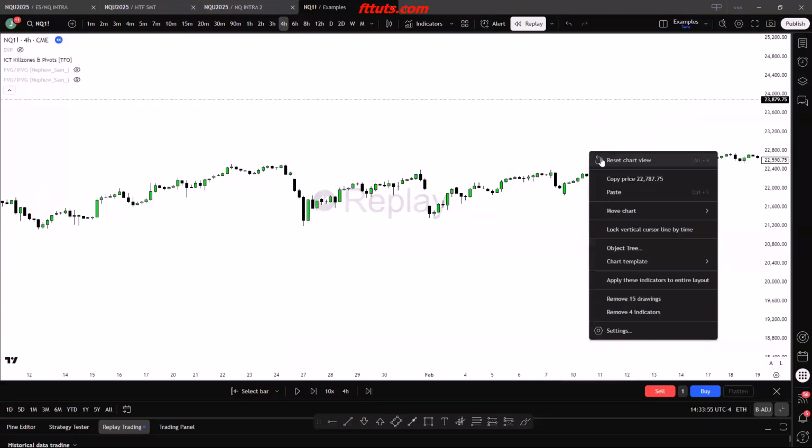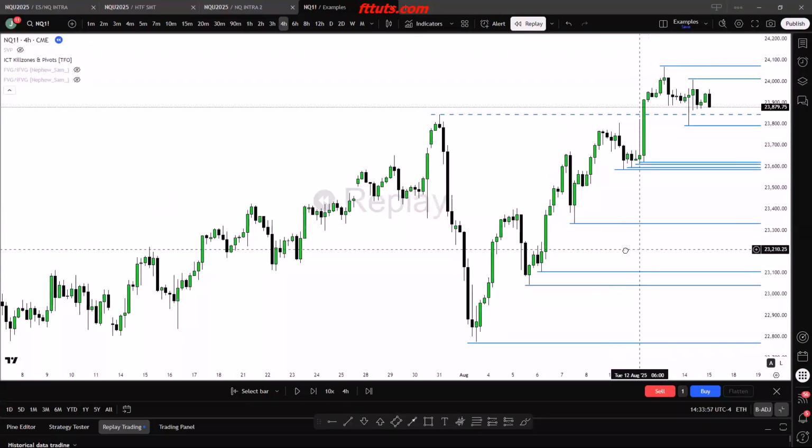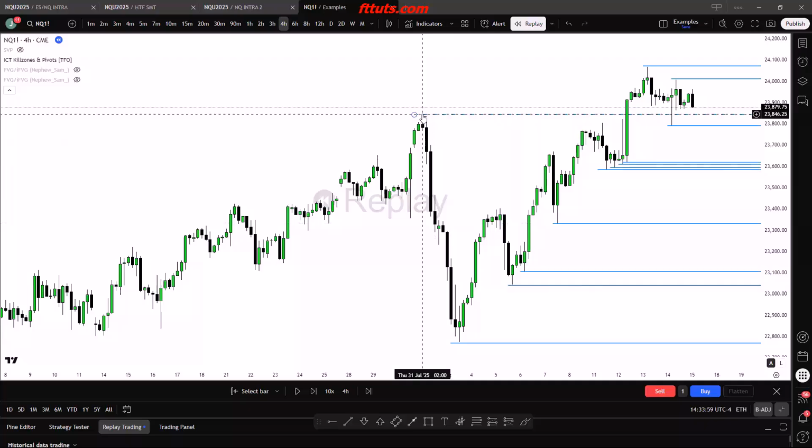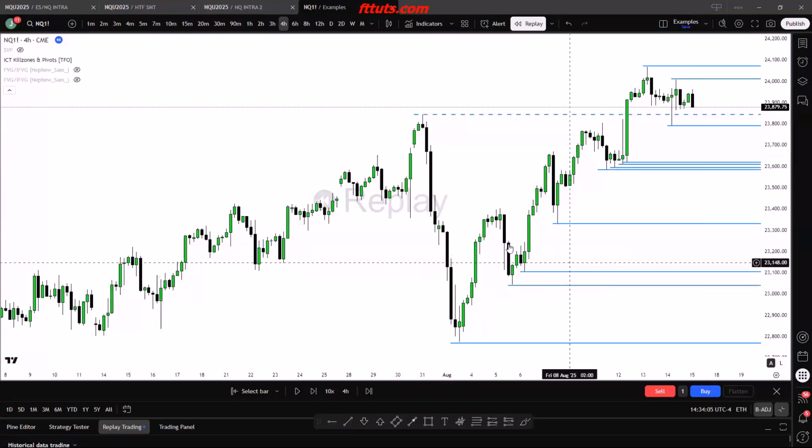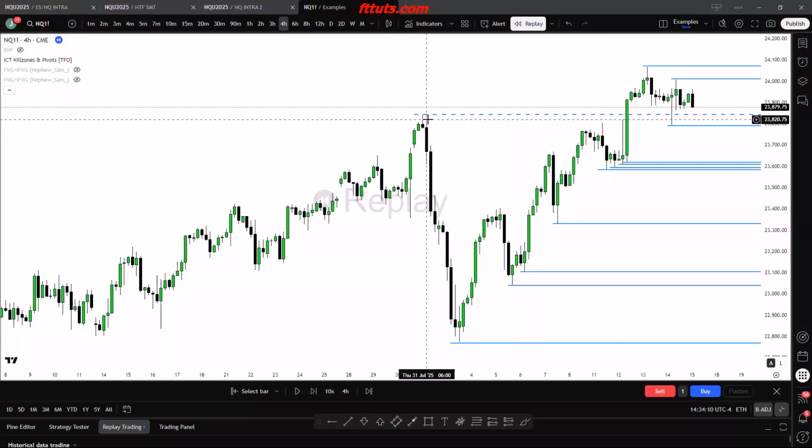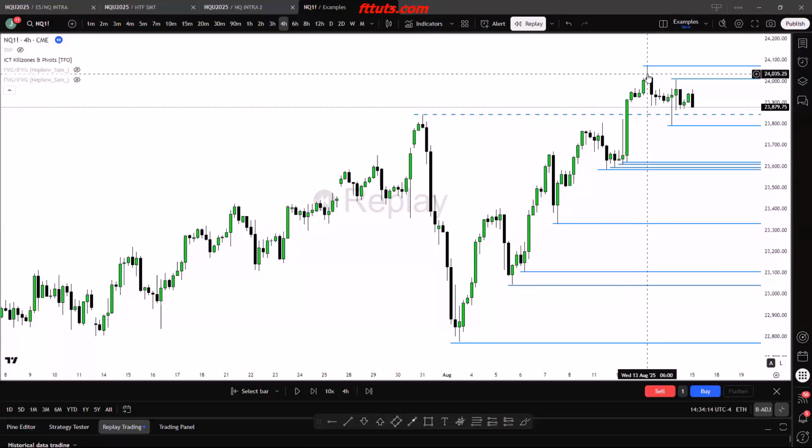So if I'm coming here, I've got everything marked, and the first thing I say to myself is, okay, we broke long-term external, which basically means that all the targets I was using on the long side, the buy side of the curve here, have now been met. I don't have any more targets. Plus, we're at all-time highs.